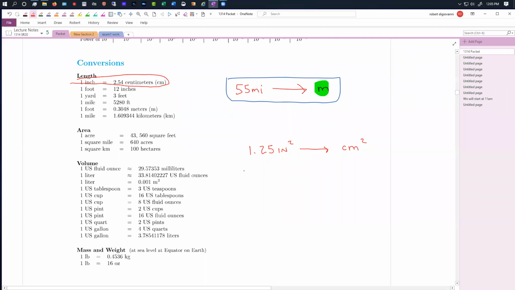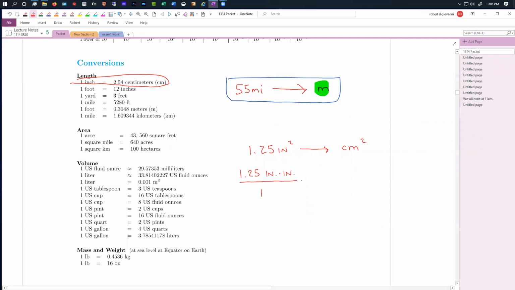Right? So watch the way I write this. I'm going to write 1.25. Now I'm going to put inches squared, but watch the way I write this. That's inches times inches. So instead of writing inches squared, I wrote inches times inches, which is the same as inches squared.